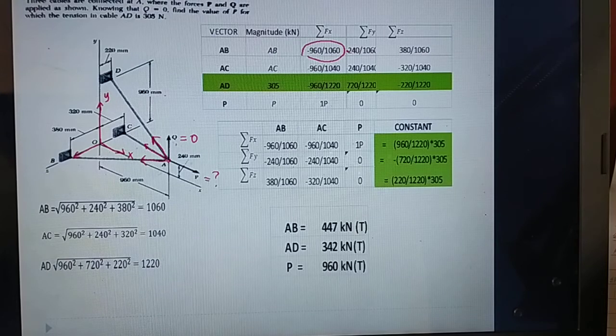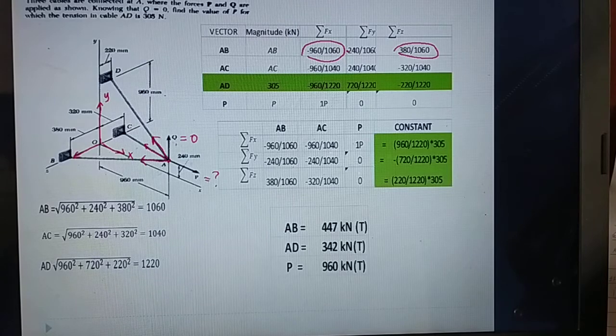And then from point O to point B, because point A is in line with point O, from point O to point B, that is 380. So going towards me, that is positive 380 over 1060. And for AC, you do the same.